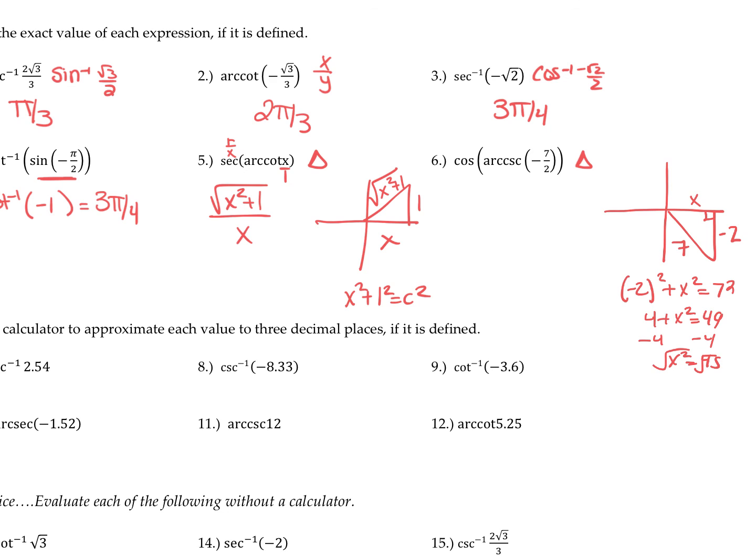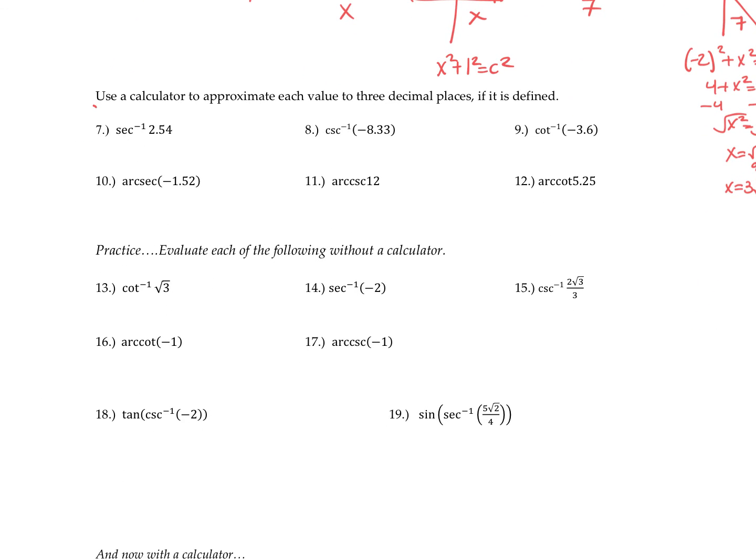All right, so I'm going to get the square root of 45, which can be broken down into 9 times 5, which means it's the same as 3 square root 5. So this x side is 3 square root 5. To find the cosine, you're supposed to do adjacent over hypotenuse, so that'd be 3 square root 5 over 7.